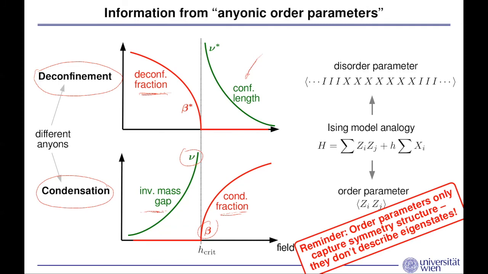But again, let me stress that to get these order parameters, we don't want to create nice eigenstates. So if we do this for anyons, we don't want to take the operator which at each point of the field creates an eigenstate. Because if we take this operator, we will not see anything interesting. We will see that this stays 1 and it goes down to 0.